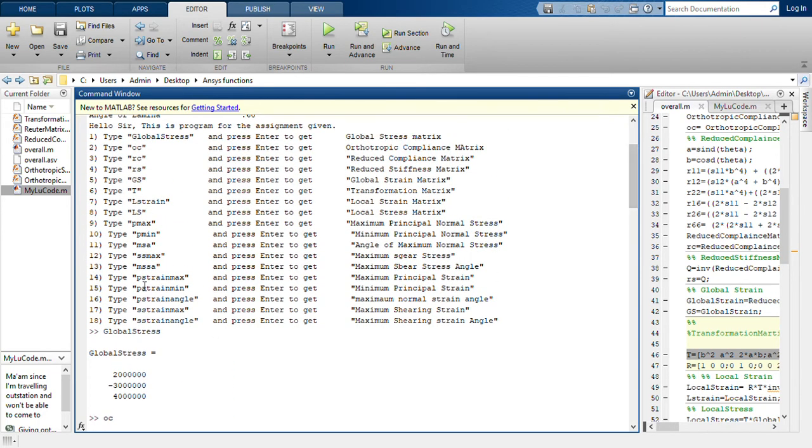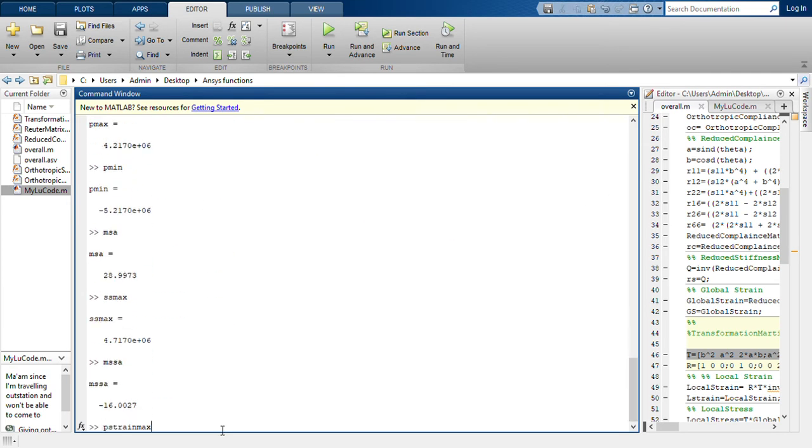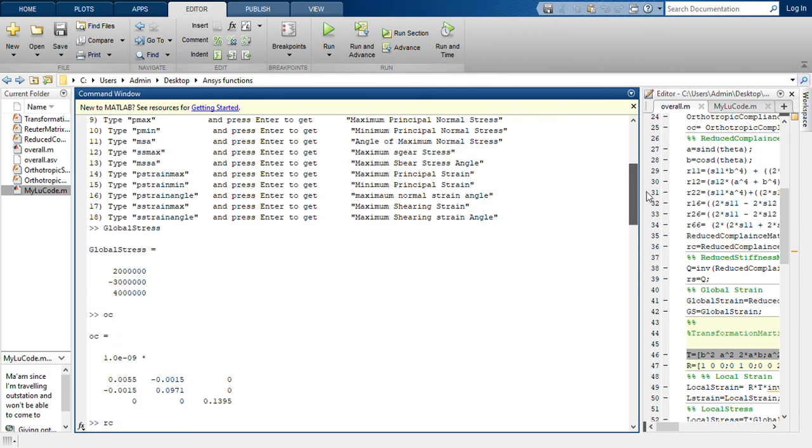Then next we want the maximum principal strain, so these can be two, E max and E minimum. For that we type P strain max. We get this much, and this is exactly similar.